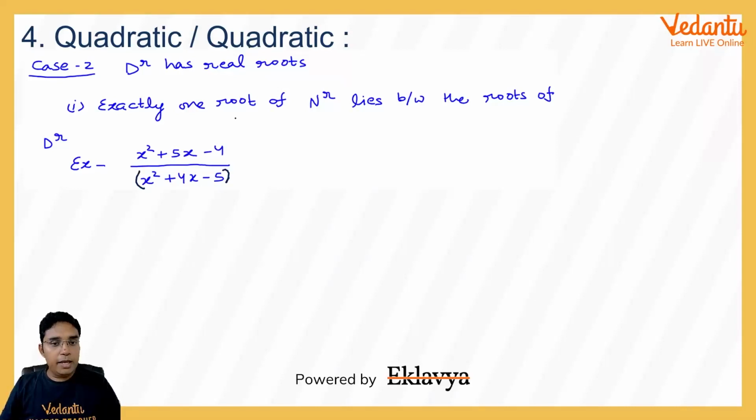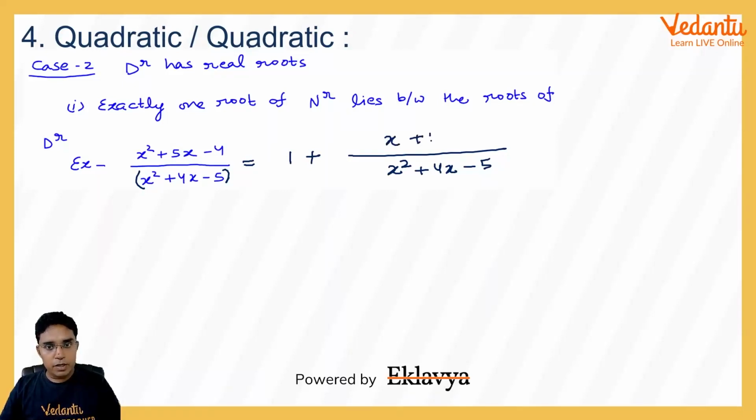Now coming to scenario 2: the denominator has real roots, and exactly one root of the numerator lies between the roots. If you see, the roots here are 1 and minus 5. Let us first try to write it that way. This will be 1 minus x square plus 4x minus 5, and to have it, I think there will be plus x here and plus 1 here: x plus 1 upon x square plus 4x minus 5.